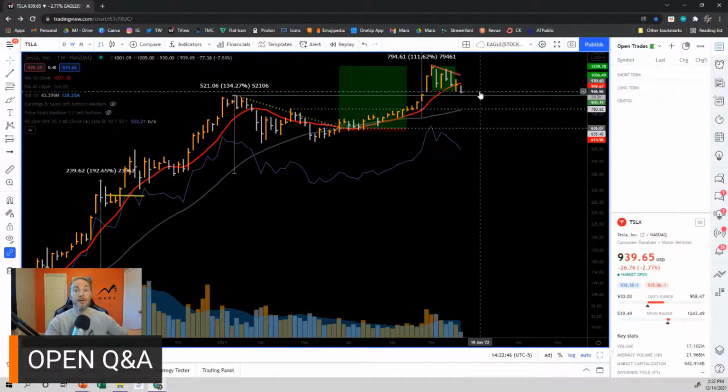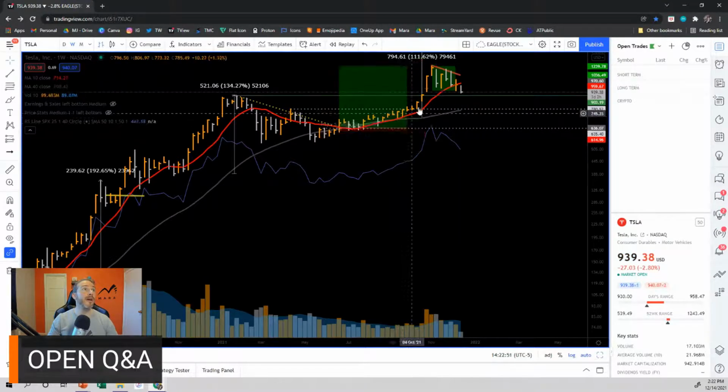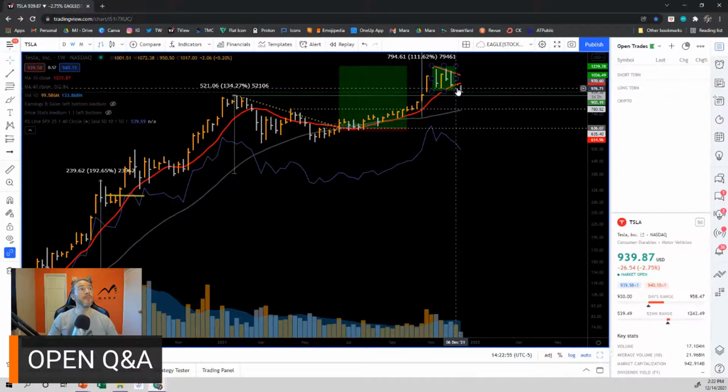Now he's off running his own hedge fund, but the rule was that if you're long in a trade and price closes below the 10-week line, sell if it drops below the low of the week right there.